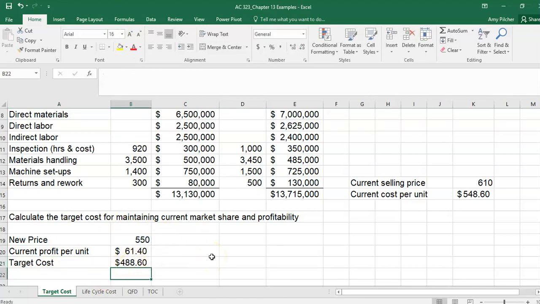So our target cost for this is $488.60. So we would go back and look at how can we change our production or even change this product to get our current cost of production from $548.60 down to $488.60.